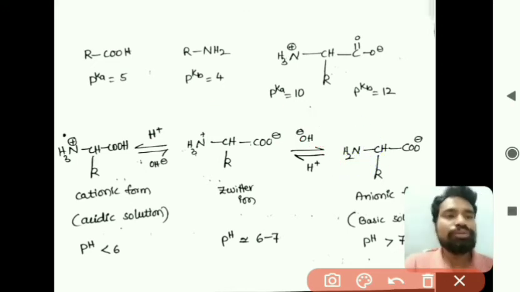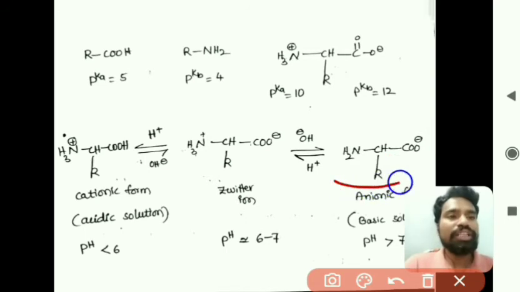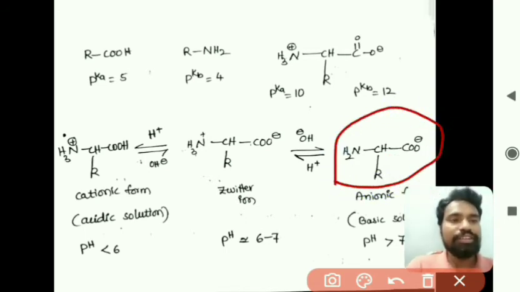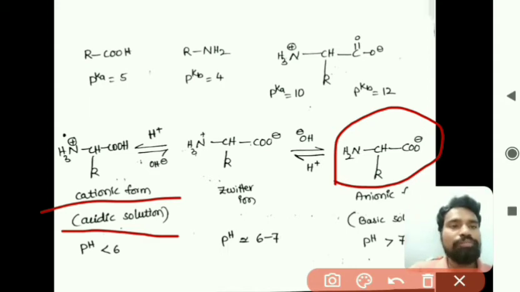So NH2 CH COO minus, so in the basic medium it is observed like an anion. In the acidic medium or acidic solution, the zwitterion form of the amino acid is in the cationic form.